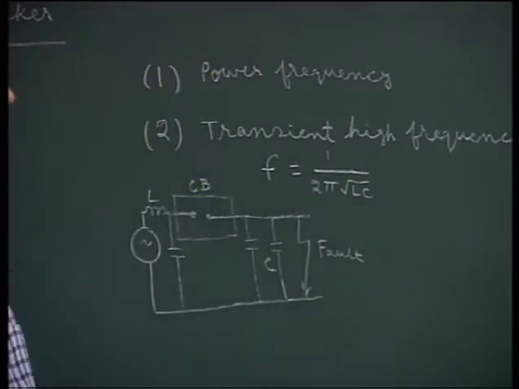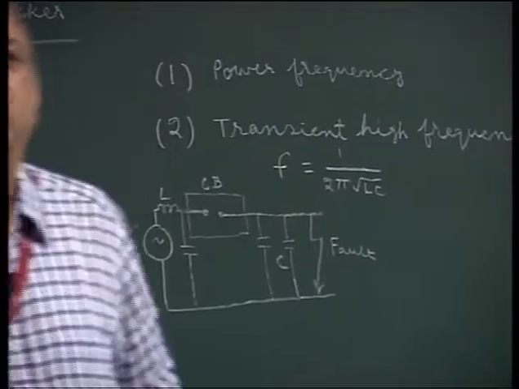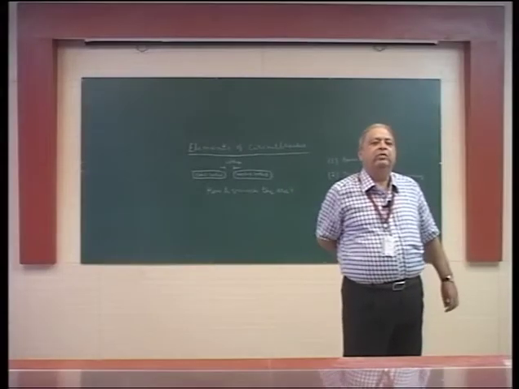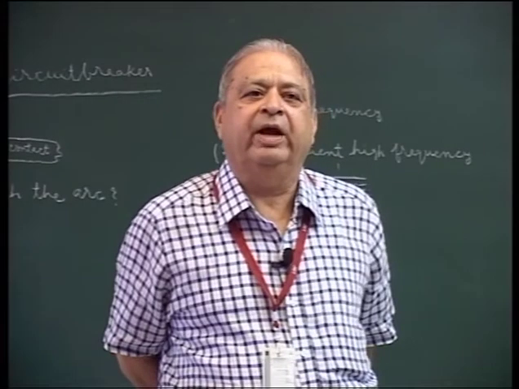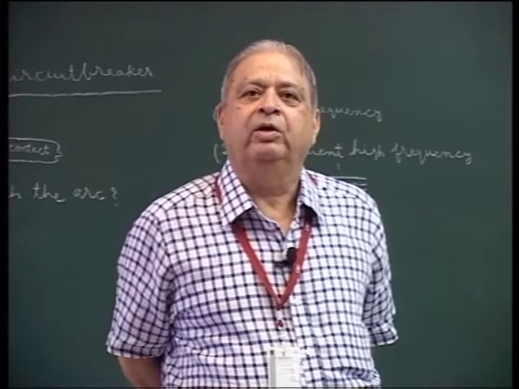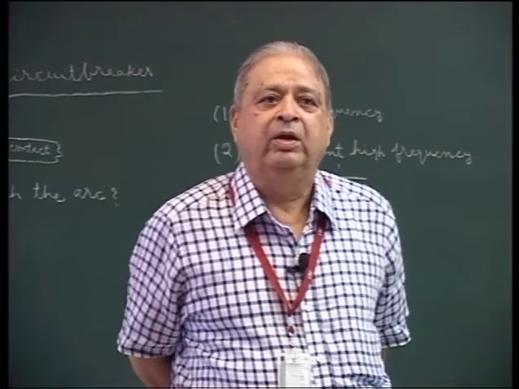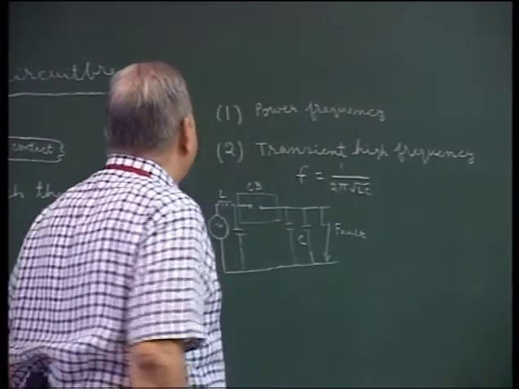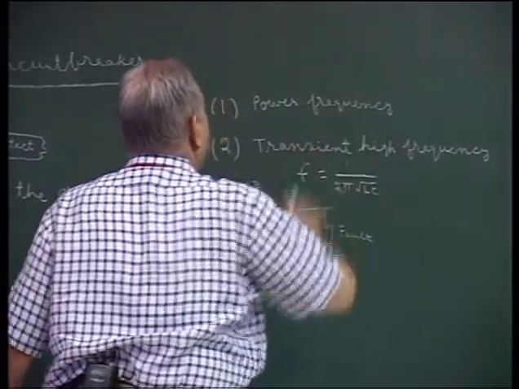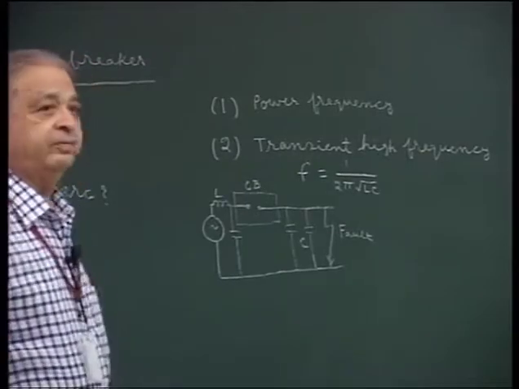This will be the frequency of the oscillations. As inductance and capacitances are extremely low, the frequency is very high. It is of the order of several tens of kilohertz. So, that high frequency voltage will also appear, and the power frequency voltage will also appear.